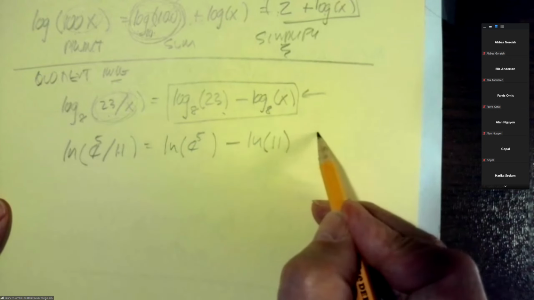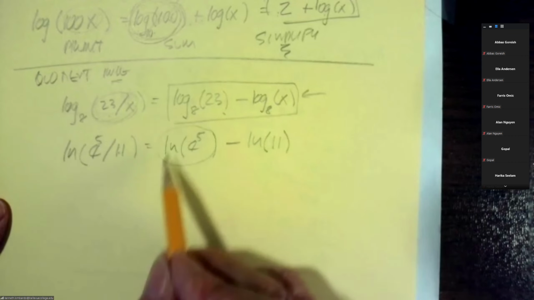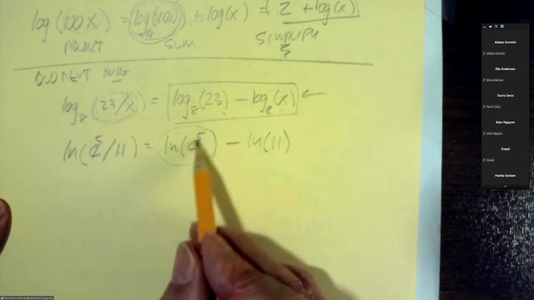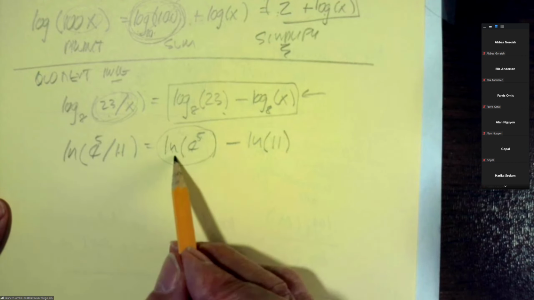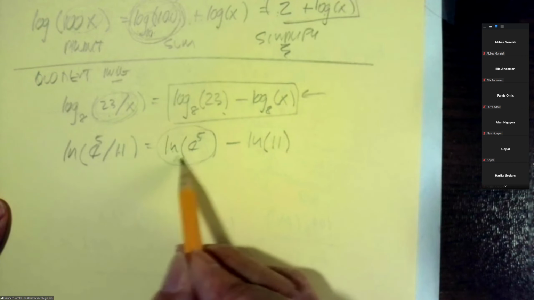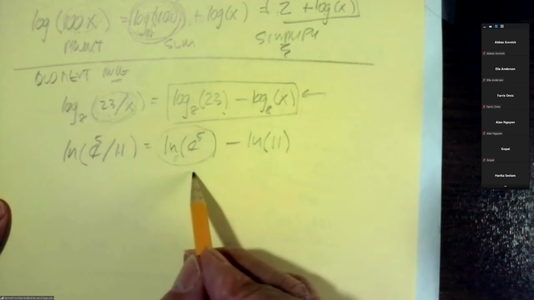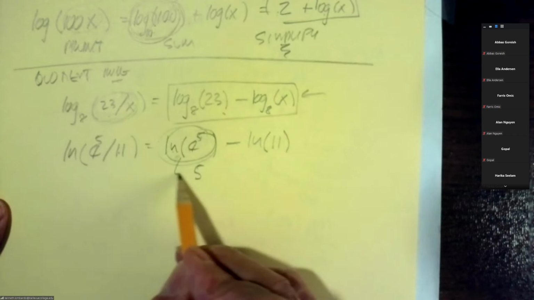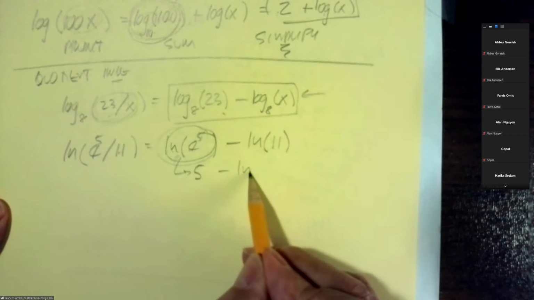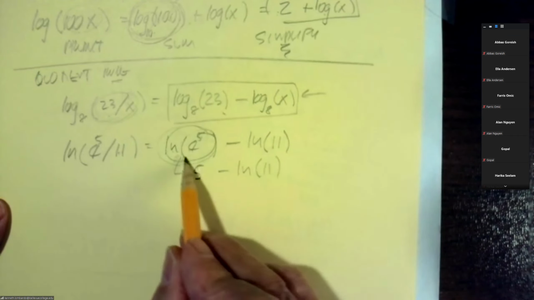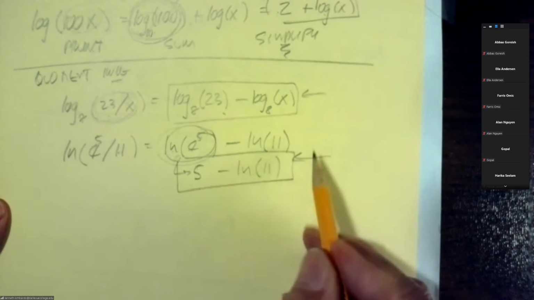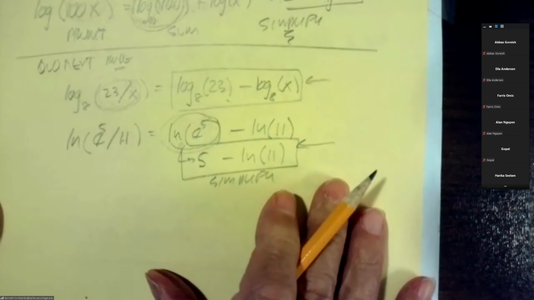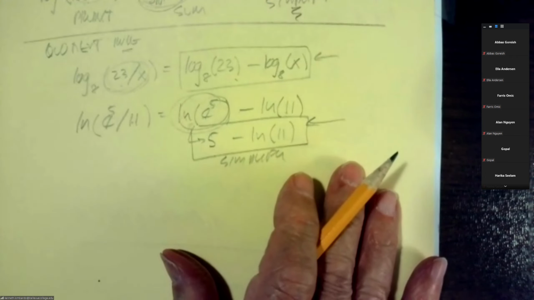And then I want to simplify. So I take a look at my first term here and I say, well, the natural log of e to the 5th, well, this is base e, isn't it? So e to the what equals e to the 5th? Well, that becomes 5, doesn't it? So this becomes 5 minus the natural log of 11. So again, always simplify when you're going through these problems.